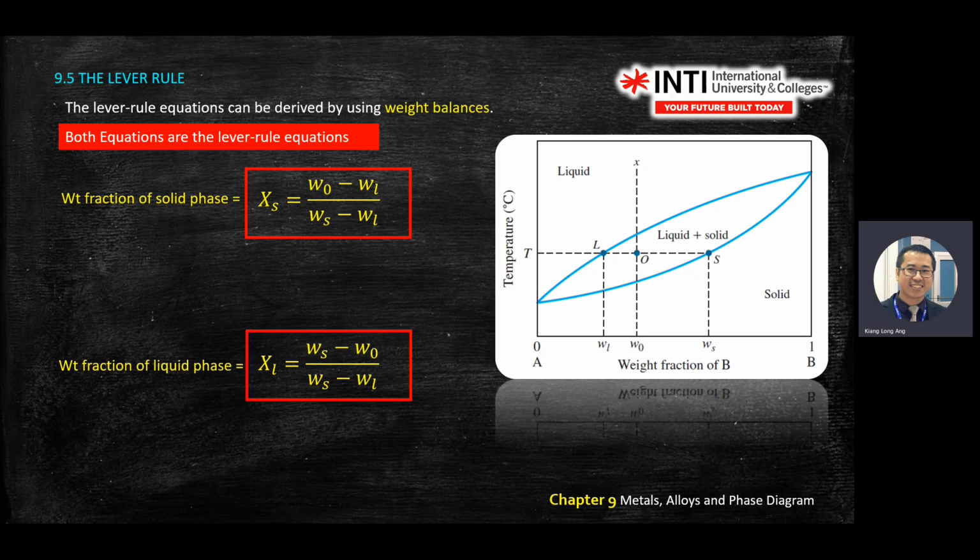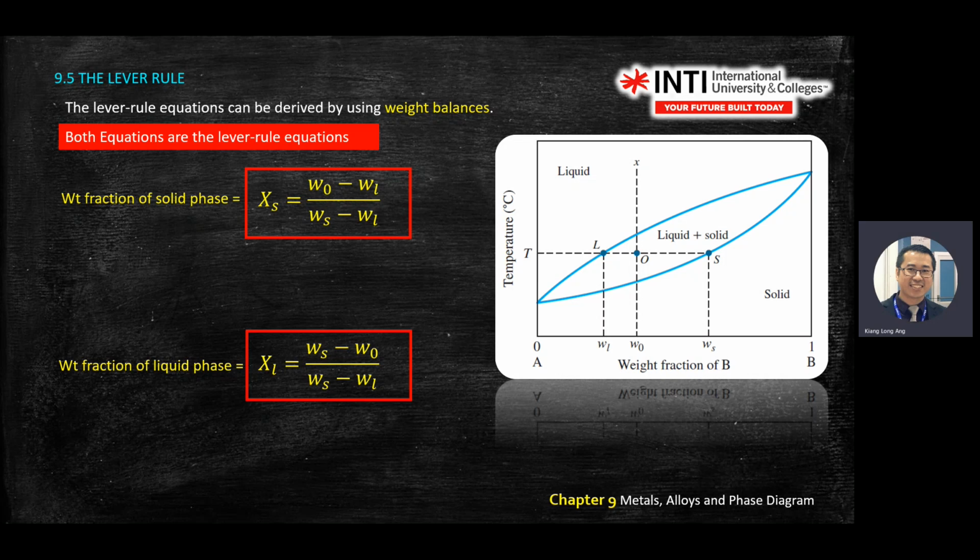So you take D length divided by B. If the question asks you the percentage of solid at 55% at temperature A, you take 1 minus the previous one. Or you take C divided by B, the length near the liquid region.